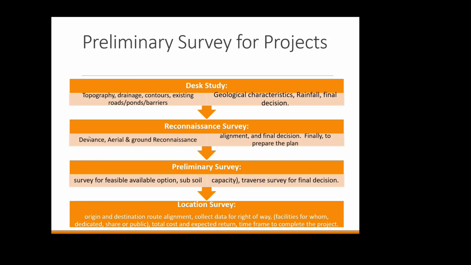If you know all those four points, for example, number one is topography, and then we have drainage, contour, and existing roads, ponds, barriers, etc. The very first one is mainly focusing on how much topography we have.